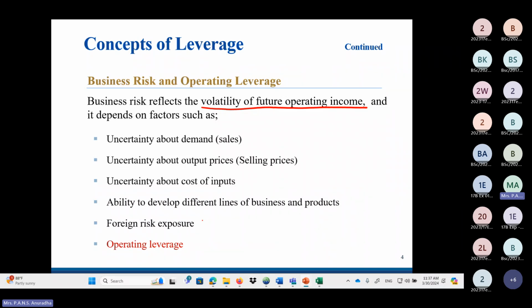So likewise, you can list down 50, 60 reasons that affect the volatility or the change in the profit. On this list, there is one variable that we call operating leverage. One factor affecting the business risk of a company is its operating leverage.